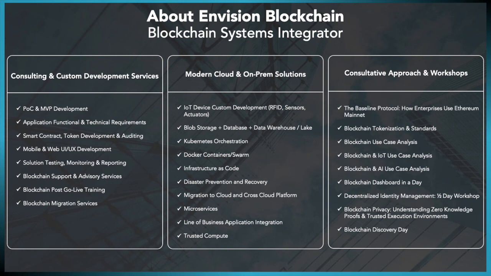We have a help desk to make sure the implementation is supported. We're leveraging modern cloud and on-prem solutions, for example if your use case requires IoT configuration, blob storage, data warehousing, Kubernetes and Docker, infrastructure as code, line of business application integration, and trusted compute services as well.